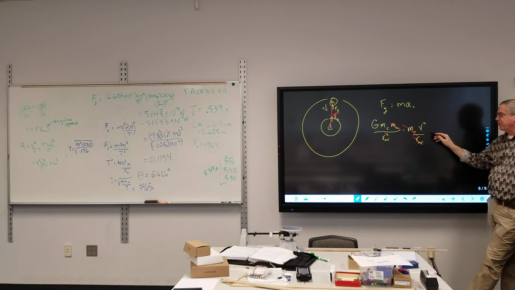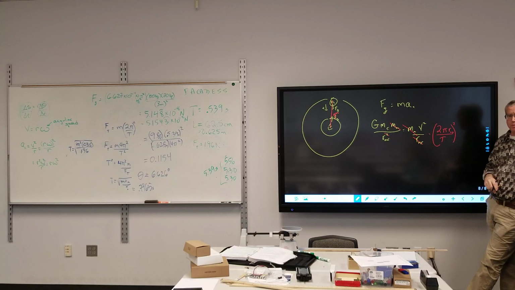We can take it one step further. I know the speed is 2 pi R over the period. I can actually find the mass of Earth doing this. All I need to know is the orbital radius of the moon, which we can figure out.